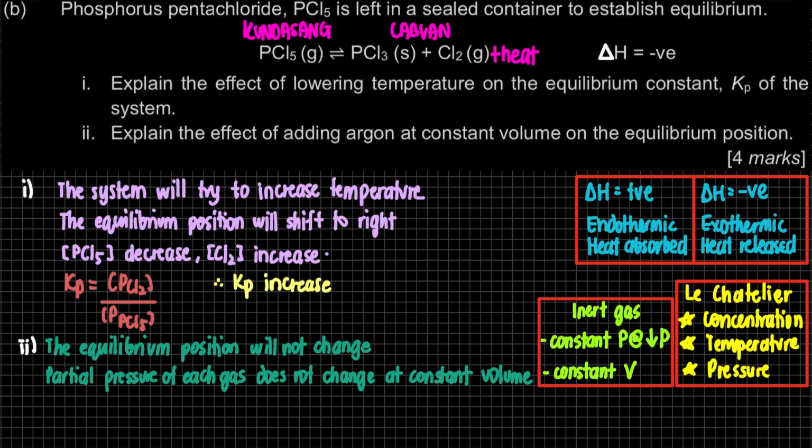If there are changes, these are the 3 points you have to include: the counter, the equilibrium position shift, and what happened to the concentration. But if there are none, you have to mention that too, and why. Okay, so that is all for the solution for the video of 2019-2020.